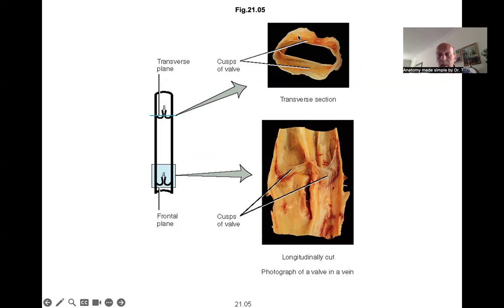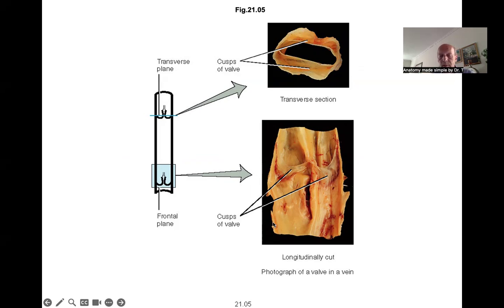And when the pocket, this space here, becomes filled up with blood, it simply pushes cusps of a valve closer to each other until they fully close and obstruct and prevent more reversed, retrograde flow of blood through the vein.